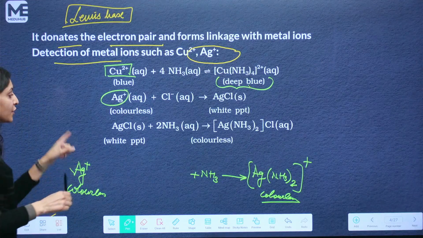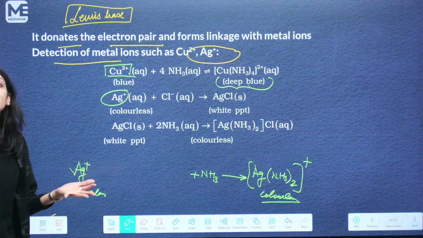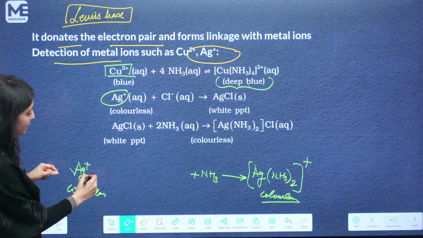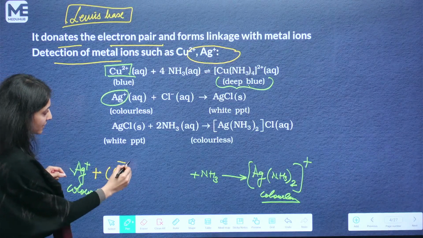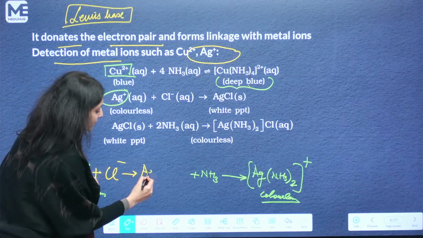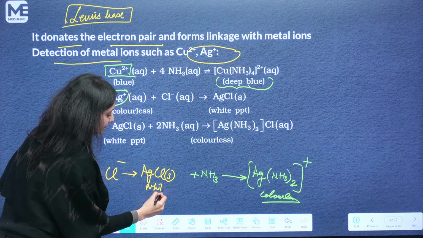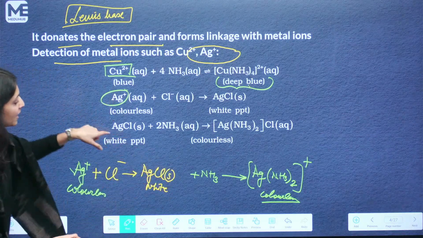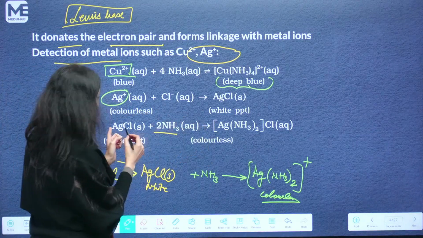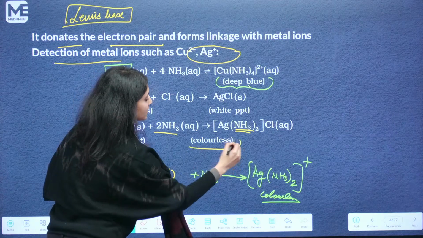So for that, you first precipitate this Ag+, which might be present as, let's say, silver nitrate. So you have a silver nitrate solution. So you precipitate it with Cl-. So Ag+ with Cl- gives a white precipitate of AgCl. This is white in color. Now when you make AgCl react with ammonia, a complex has been formed between Ag+ and ammonia, giving us a colorless solution again.